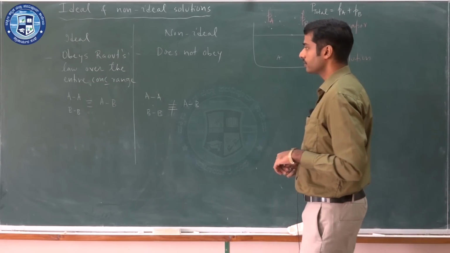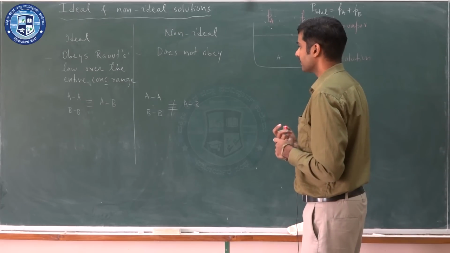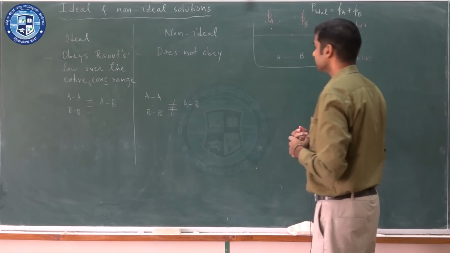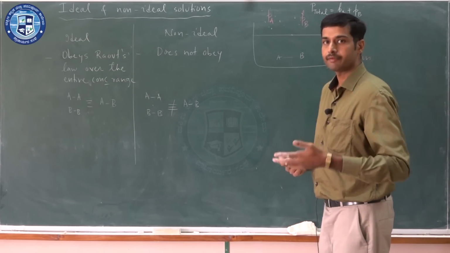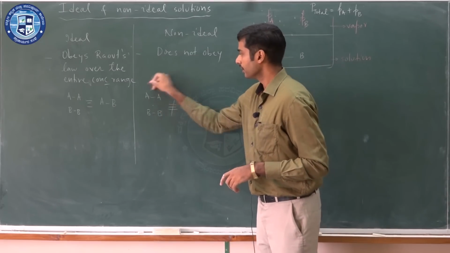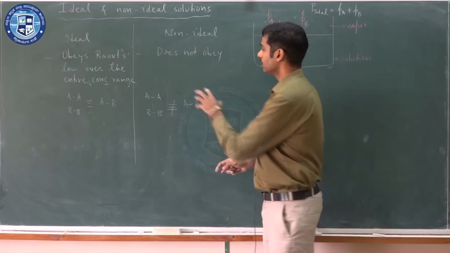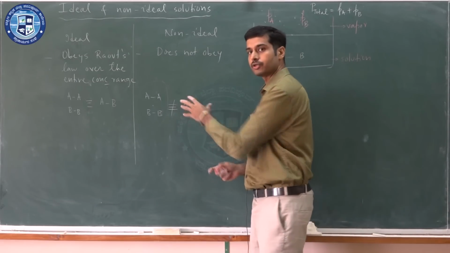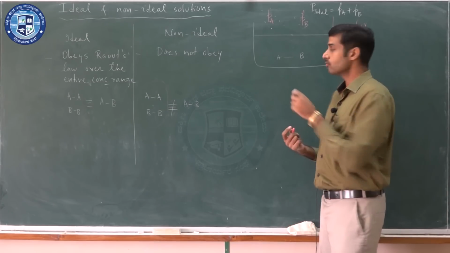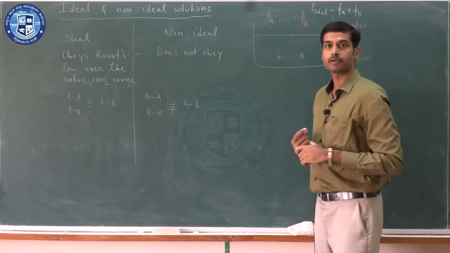Now, just imagine a situation wherein the interaction is not similar. That means, if the interaction between A and B is now attractive in nature, the interactions in the pure state are less, the attraction is less, the attraction between the components in the solution is more now. Because of this, the molecules of A and B are now less likely to go into the vapor phase.